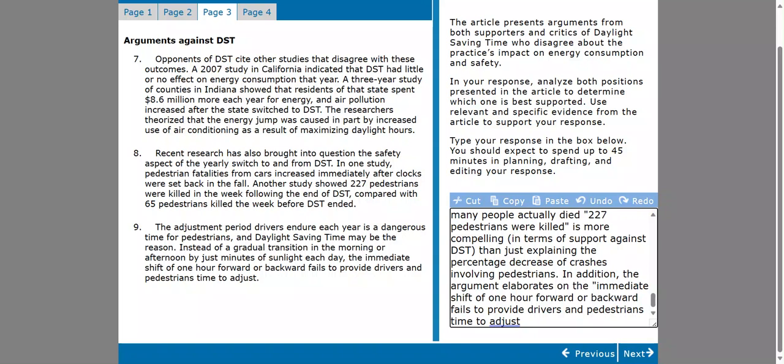In addition, the argument further elaborates on why pedestrians are killed.